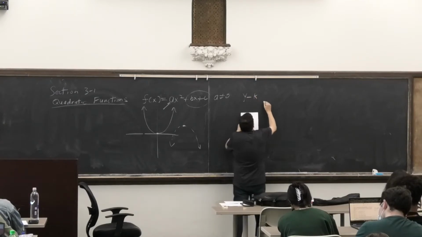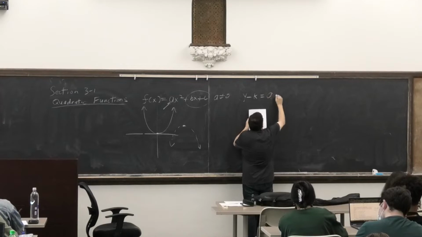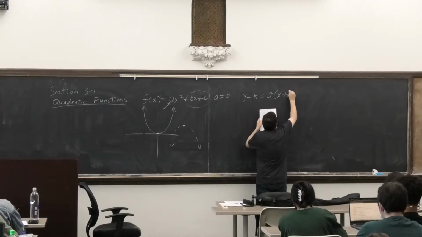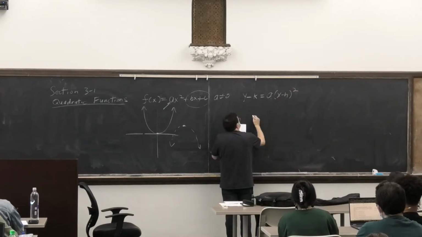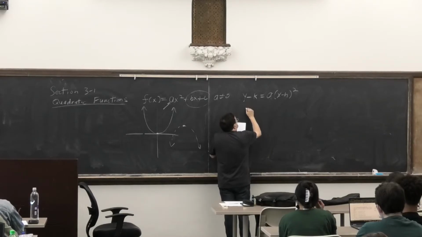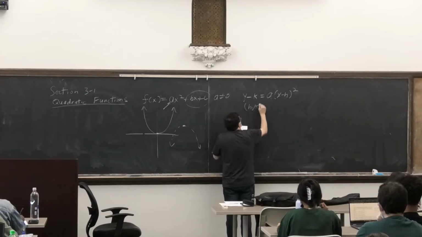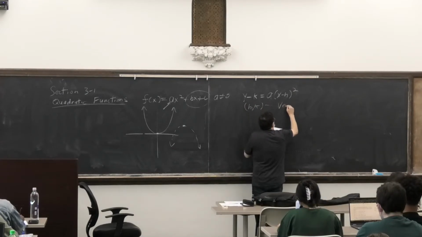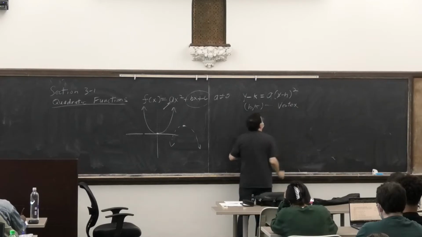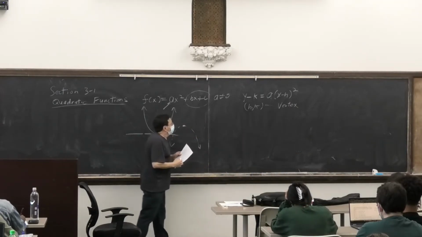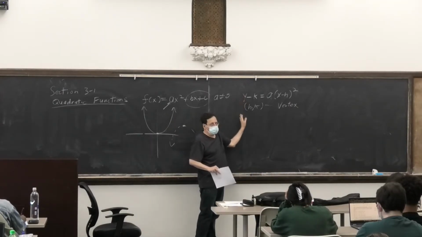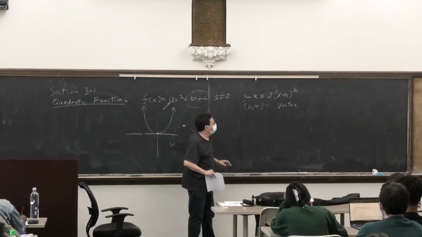We can say y minus k equals a times x minus h squared, where (h, k) is the vertex. So one feature of putting it in this form is you immediately know where the vertex is.